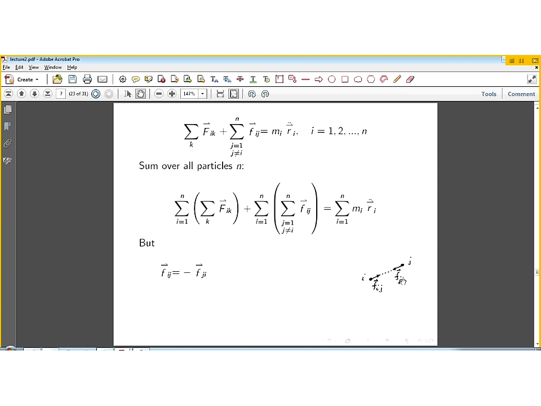If I have this force, of course I must have an equal but opposite direction force on particle j caused by particle i. So this is the force acting on particle j caused by particle i. And by Newton's third law, these two forces must have the same magnitude but opposite direction. So as vectors I can write this expression, that F sub ij is equal to minus F sub ji, where both these F's are force vectors.